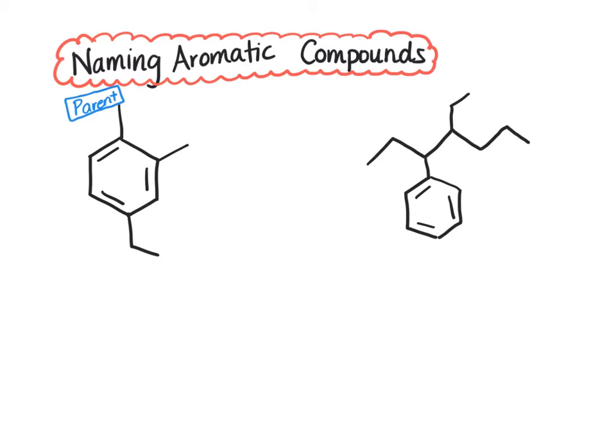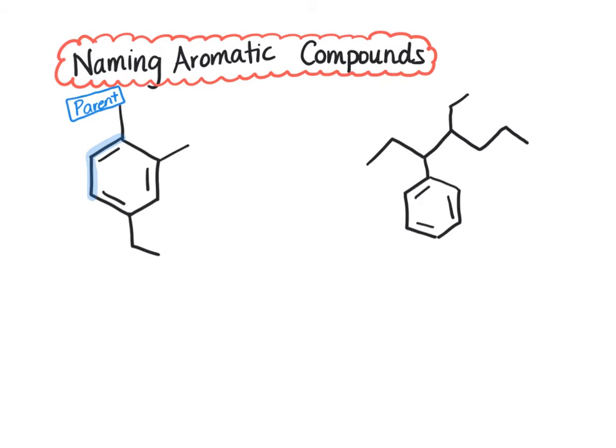I'm just going to highlight benzene. And when benzene is the parent, it's called benzene. So pretty straightforward there. On this molecule, we have 2 methyl groups, and we have an ethyl group.